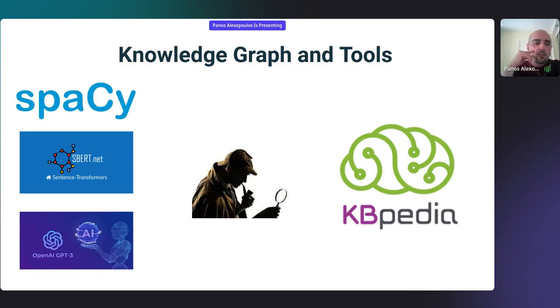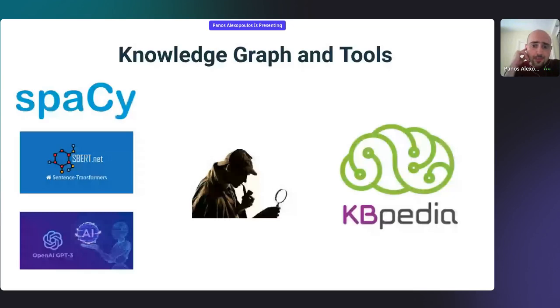SBERT, also called sentence transformers, is a framework, a deep learning model that learns embeddings of terms and sentences and allows us to detect semantic similarity between them. It's going to be a useful tool for what we're going to see. And the third tool, most likely the GPT-3 system, which is a generative large language model.